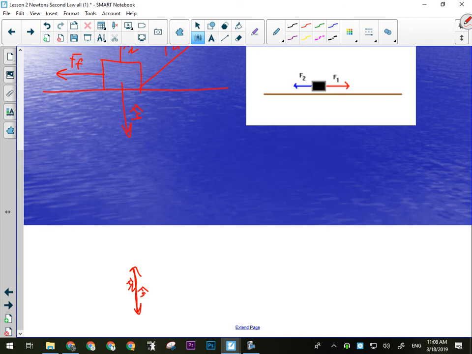I'm going to show you. So I've got normal force here, I've got gravity there. Those kind of cancel each other off, right? Then I've got the force of friction going backwards, and then I've got this diagonal force. Well, that diagonal force has both a horizontal component as well as a vertical component.